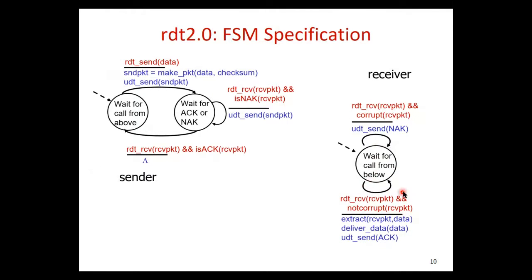Now, if the data is received and it is not corrupted, meaning no error is detected, then it will extract the data from the packet, deliver the data to the application layer, and then send a positive ACK.